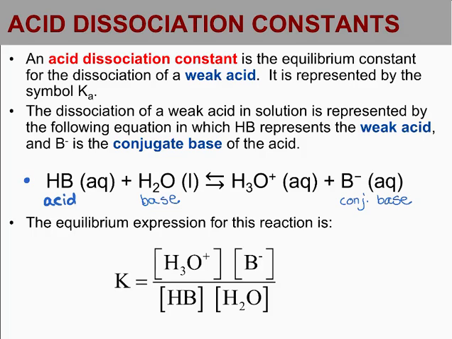All right, so we can write an equilibrium expression for this. So down below, we've got our equilibrium constant, K, and that's equal again to products over reactants.